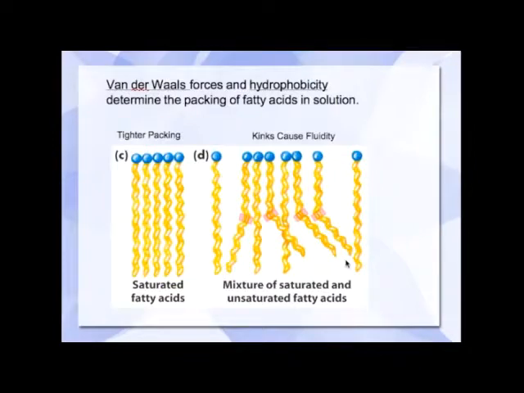The result is that saturated fatty acids can behave more like one solid unit, like many books stacked together side by side. These cis fatty acids are bent so they can't pack together as well, resulting in a more fluid nature to membranes that have a lot of bent or cis configured fatty acids.